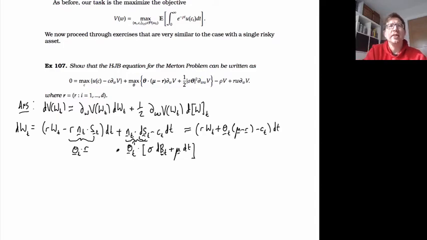That captures all the dt terms, and then plus the diffusion part, which is essentially this vector applied to this matrix, then applied to the diffusion terms, the Brownian motion terms.